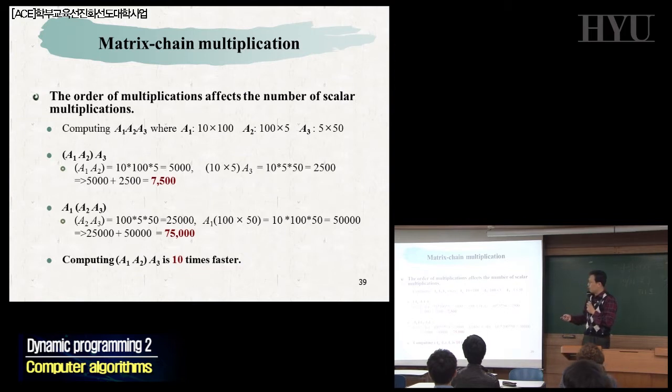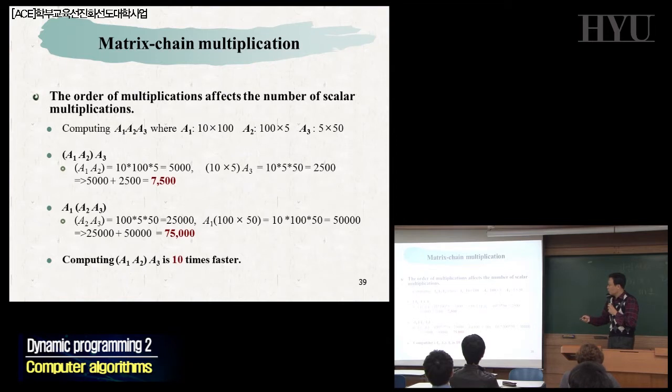If we multiply A1 and A2 first, then we need PQR, that is 10 times 100 times 5 multiplications. It is 5,000. And the resulting matrix of the product of A1 and A2 is 10 by 5.